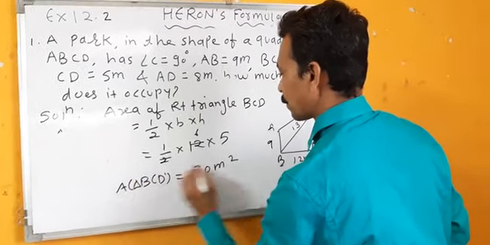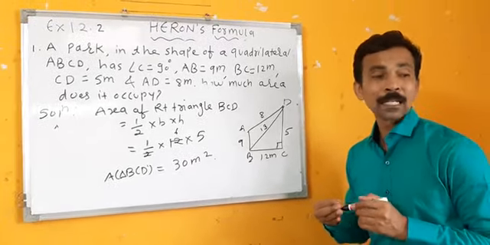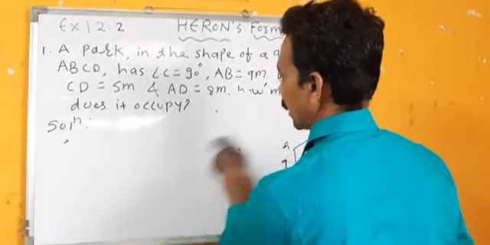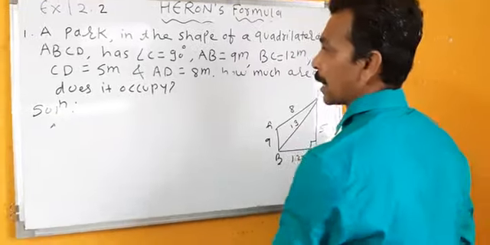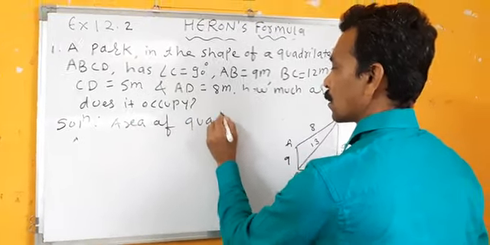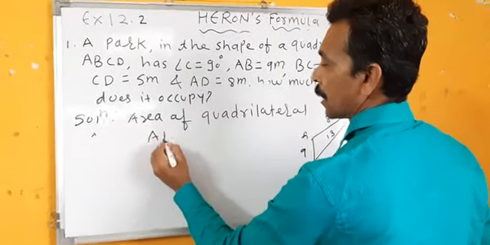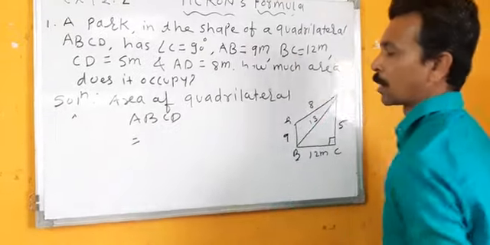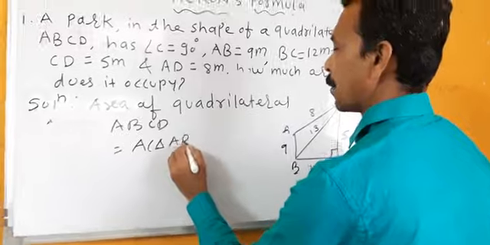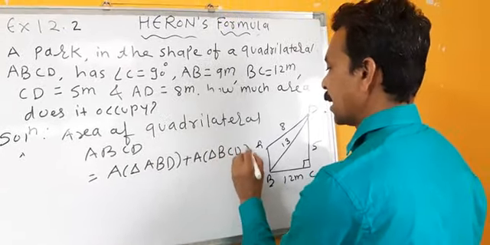But we have to find the area of the park, and the park is in the shape of a quadrilateral. So I will write the last part of the sum. Area of quadrilateral ABCD is equal to area of triangle ABD plus area of triangle BCD.